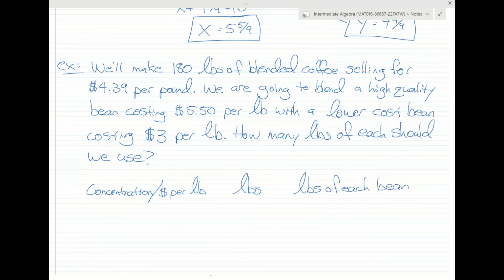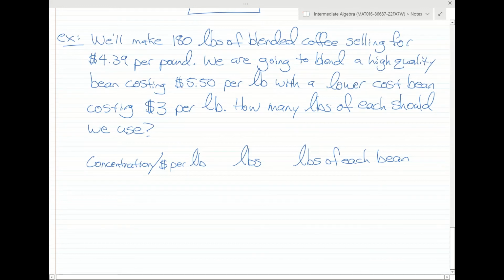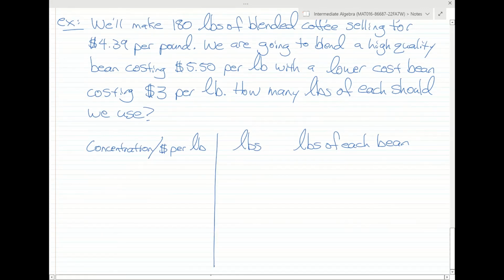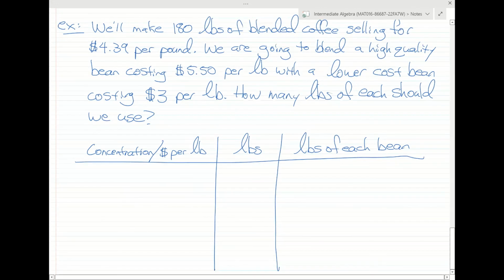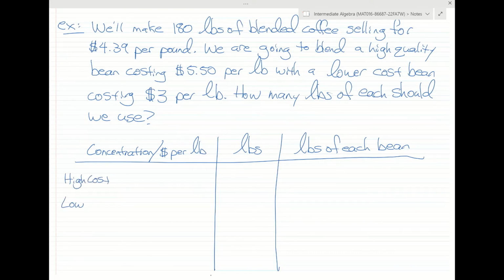So this is similar to the acid problem we just did. Looks like we're blending two. We have the high cost. We have the low cost. And then we have the blended.